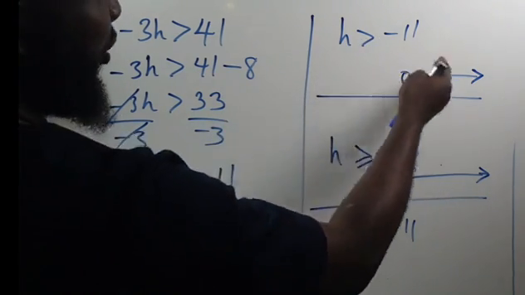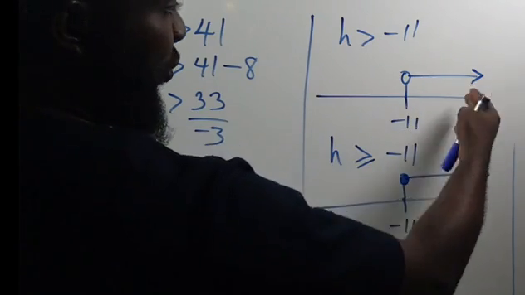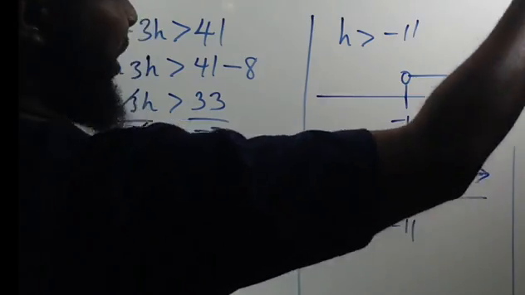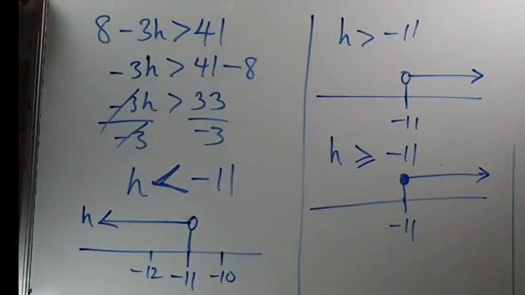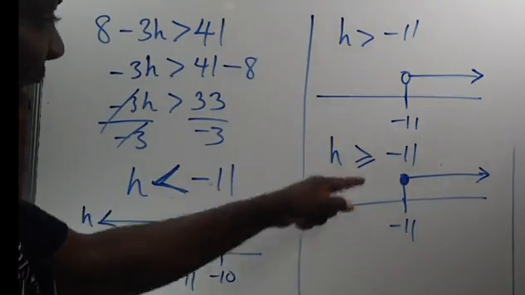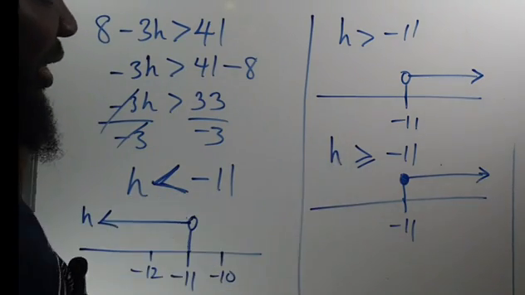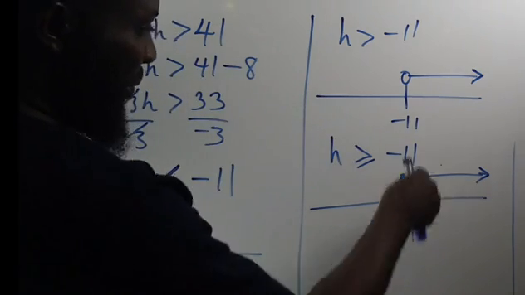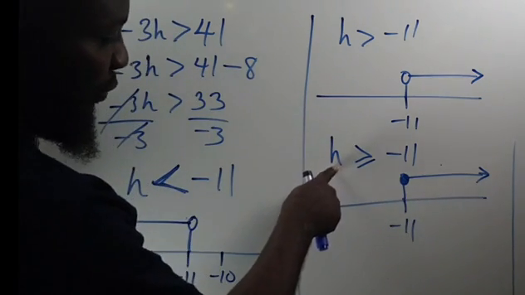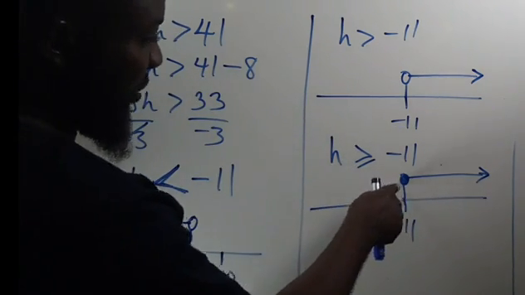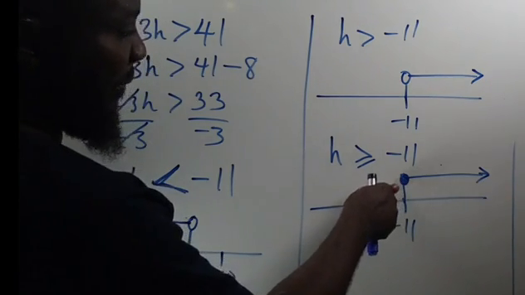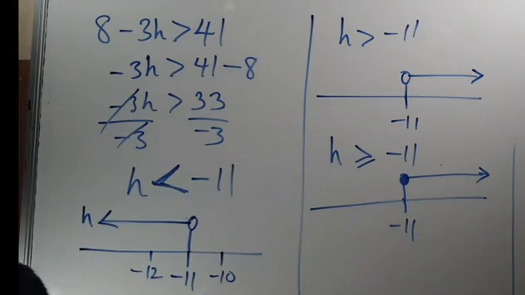Then in the other one, h greater than minus 11, all the numbers that are greater than minus 11, starting from minus 10 upward. But the third one, h greater than or equal to minus 11, is telling us that minus 11 is included in the value of h, and all other numbers that are greater than minus 11 are the values of h in this case.